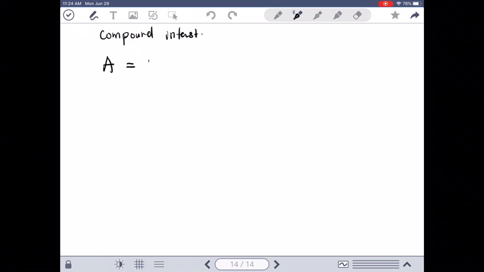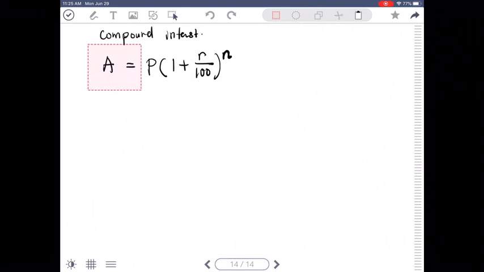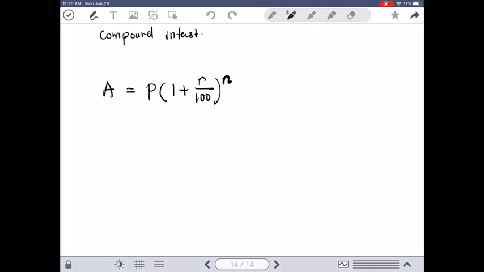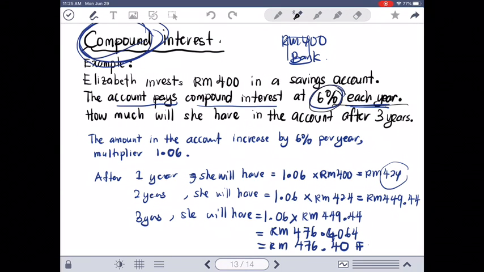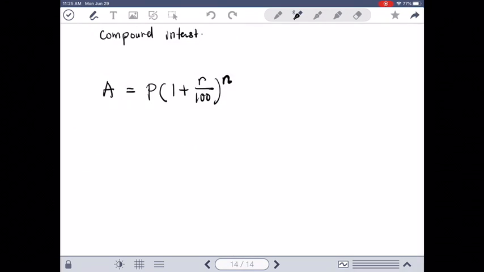A equals P times (1 plus R over 100) to the power of N. So A is the amount that we have in the bank, basically the final amount. We will say final amount.